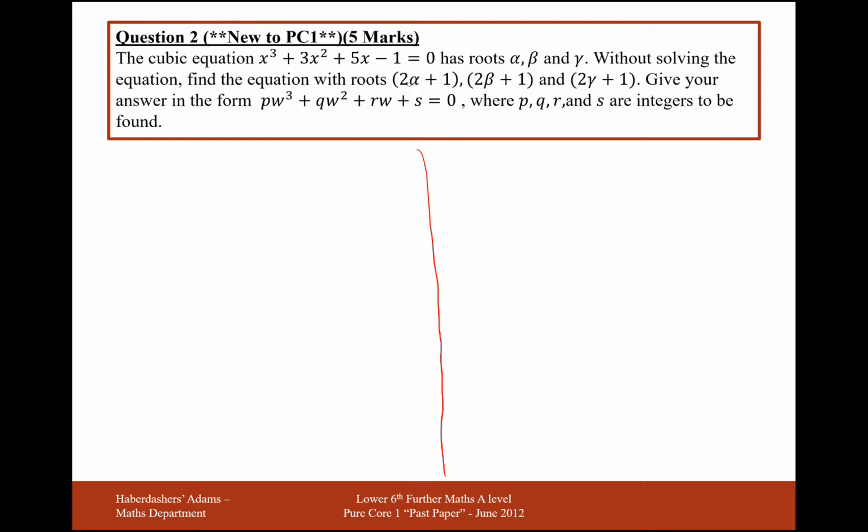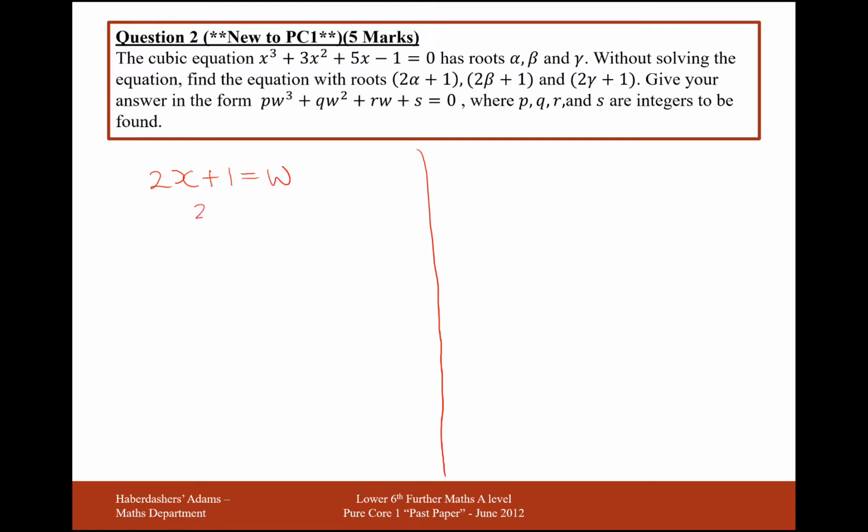we want to find solutions that are 2 alpha plus 1, 2 beta plus 1 and 2 gamma plus 1. So if x is representing my alpha, beta and gammas, then I want to find 2x plus 1 equals our new variable w.